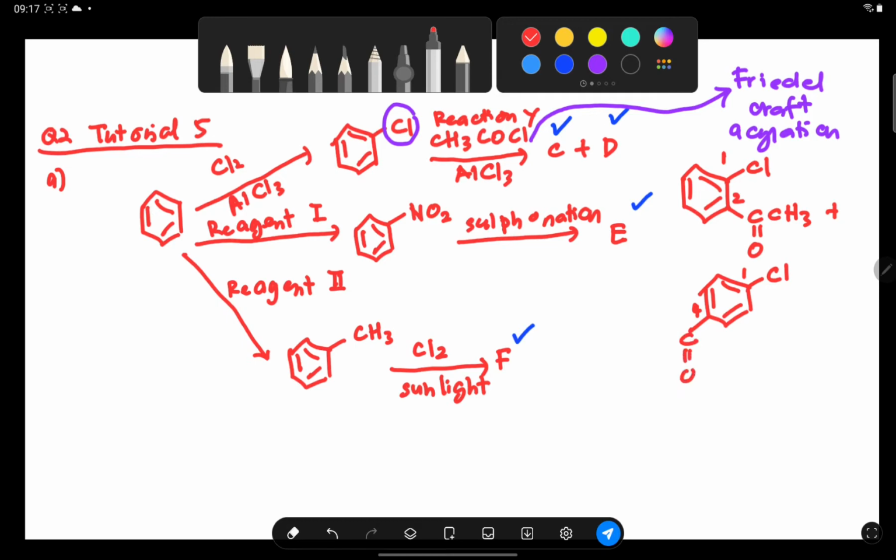C double bond O CH3. So 1, 2 and 1, 4. This is compound C, and here is compound D.